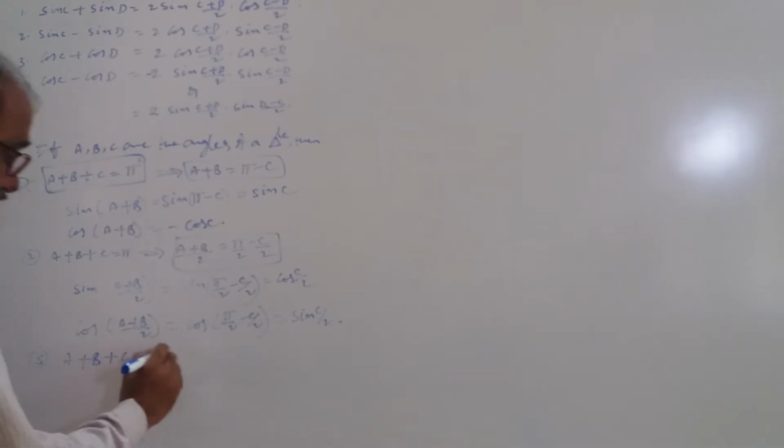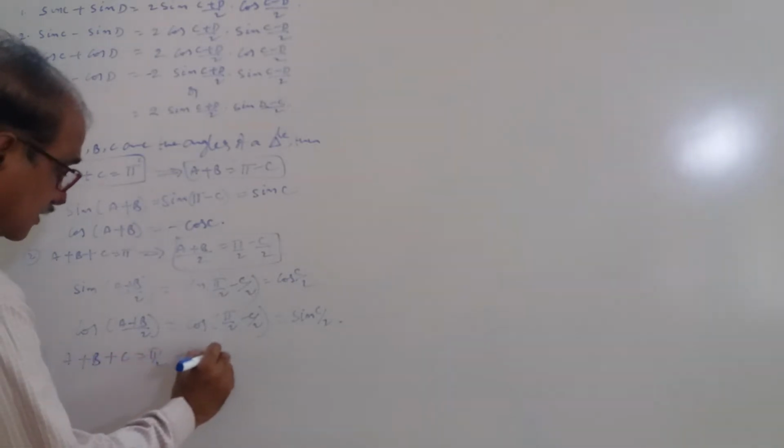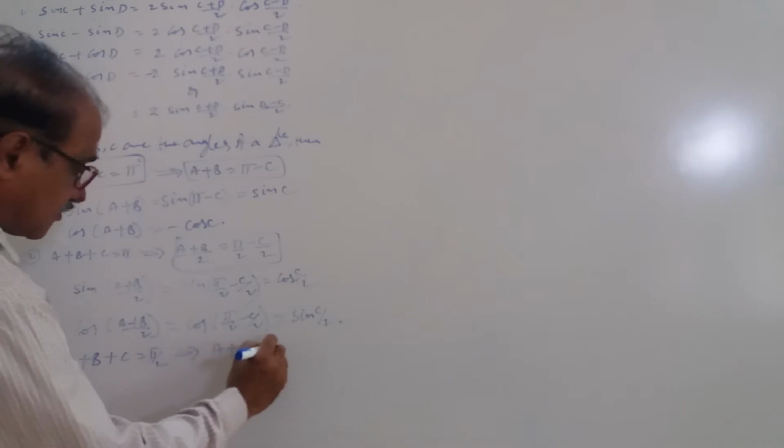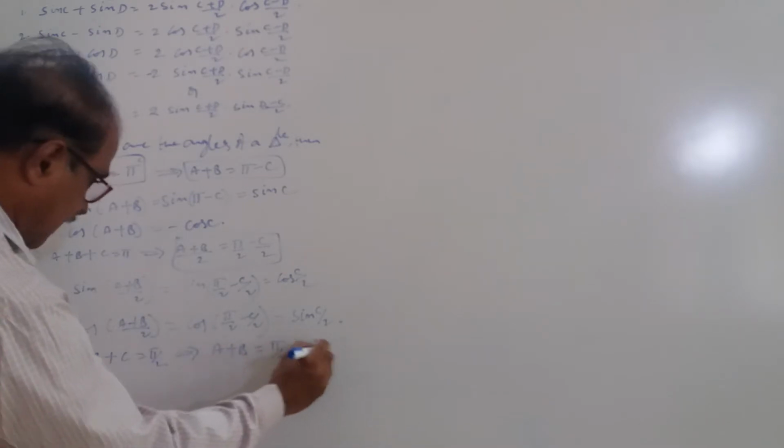The third case is A plus B plus C is equal to pi by 2. That implies A plus B is equal to pi by 2 minus C. Now we have to take sin on both sides.